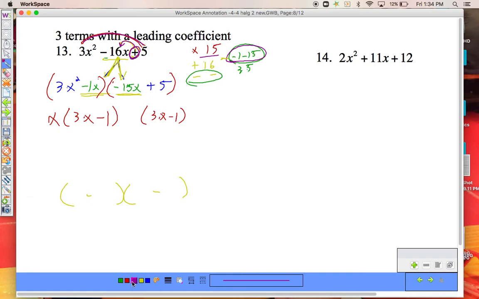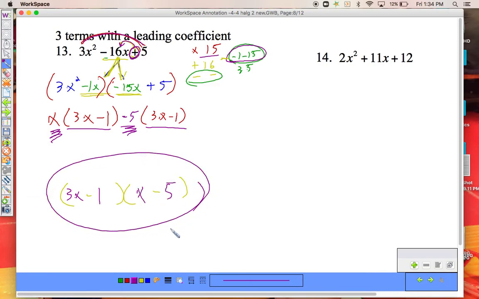So to end up with a 3x minus 1, I'm going to take a minus 5 out of my back 2. Changing the signs takes out the negative and divide by 5. These two end up being the same, so that's one of my factors. My second factor is going to be what I took out. 3x minus 1, x minus 5.